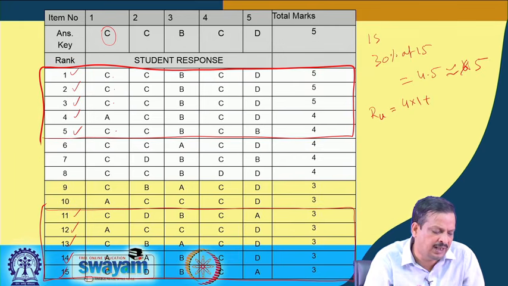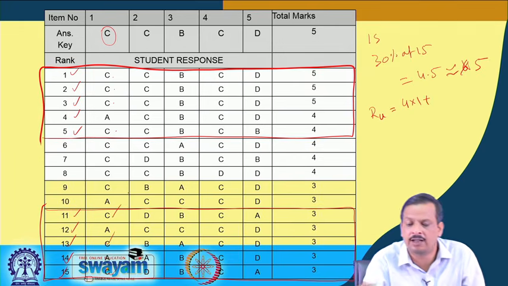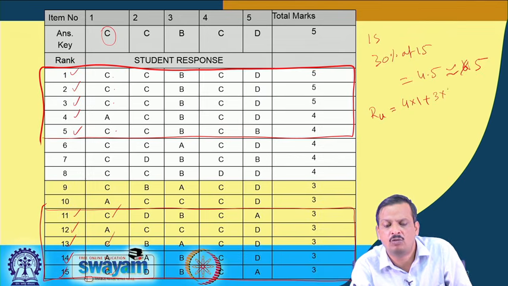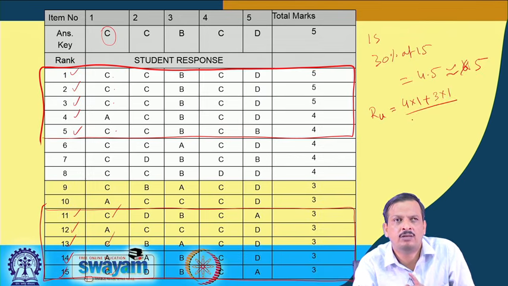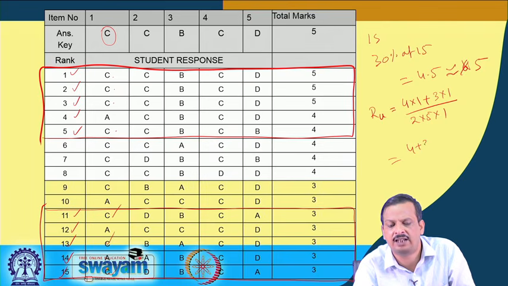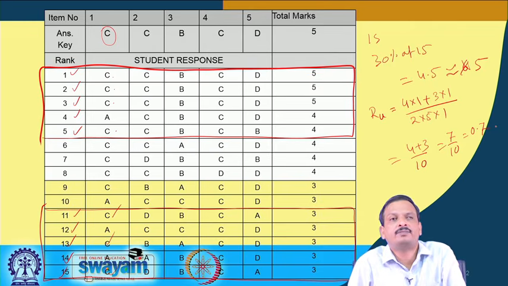How many gave the correct answer? 1, 2, 3. 3 into 1 divided by, what is the group size? 5 plus 5. So, 2 into 5 into 1. So, it is 4 plus 3 by 10, 7 by 10, 0.7.